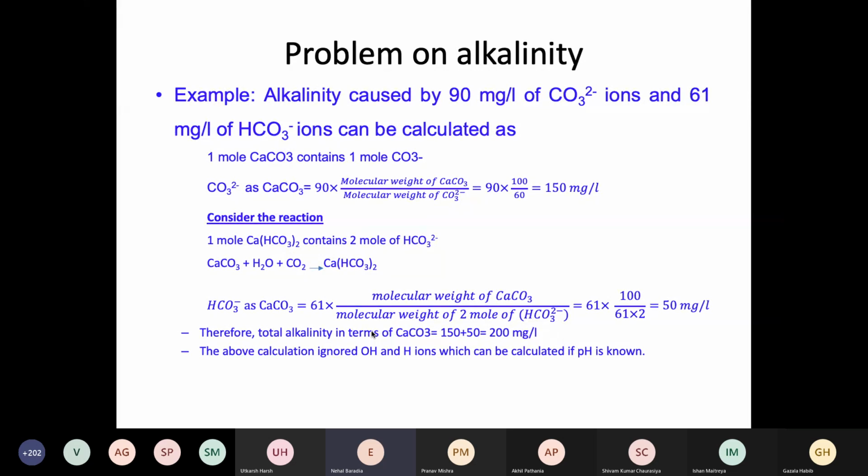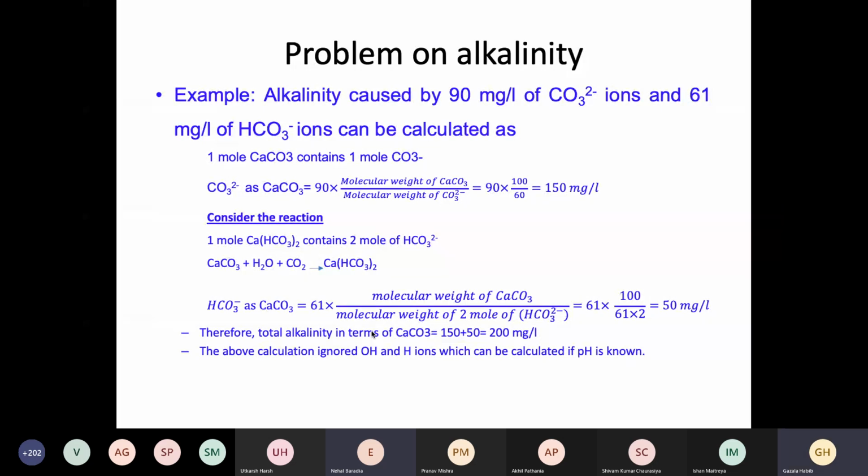Like CO3 2 minus will convert to HCO3 or H2CO3, and finally it will react with calcium carbonate and form calcium bicarbonate, right? Means H2CO3 is not a stable ion, right? I did not get your question. Maybe, ma'am, I will read the slide again and ask in the next class.